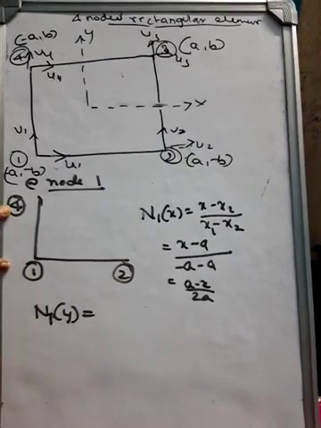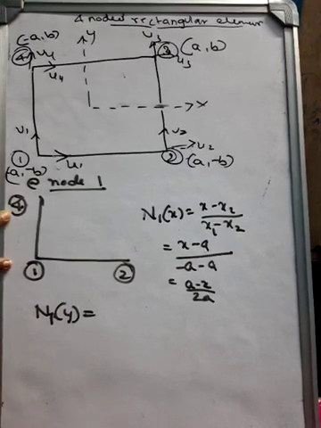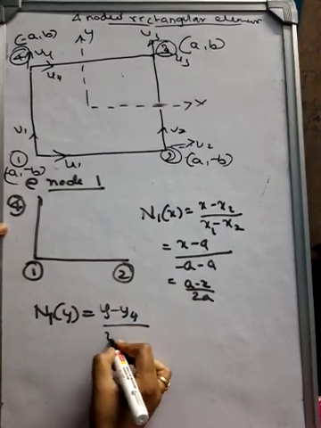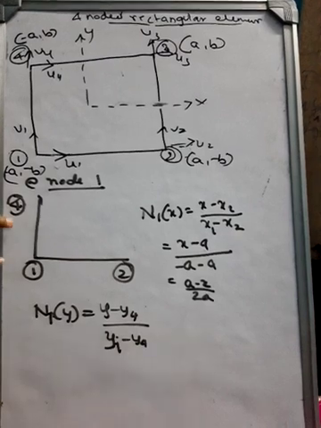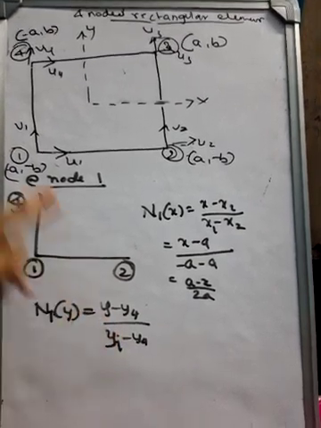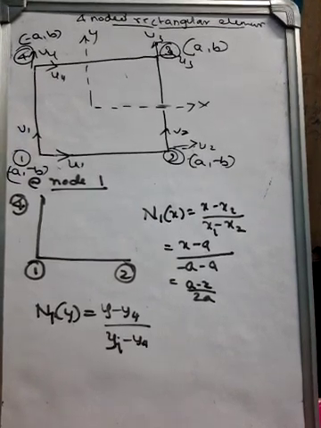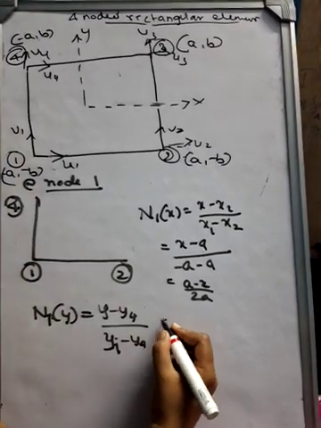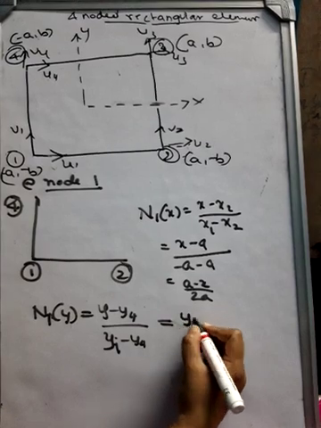Now in the y direction, if you see the figure, it is connected to the fourth node. So you will be getting y minus y4 divided by y1 minus y4. Because this is connected to 4, you have to see the drawing properly, on which node it is connected. Now what is the y4 value?